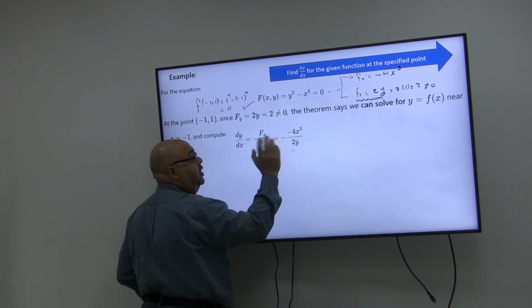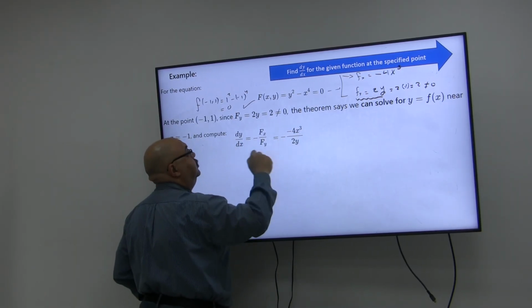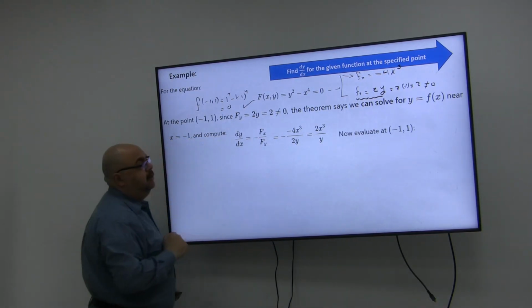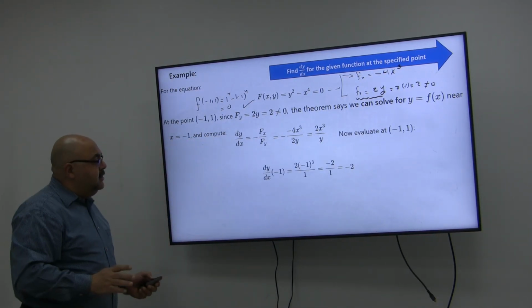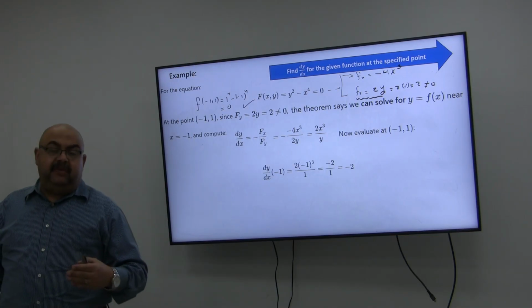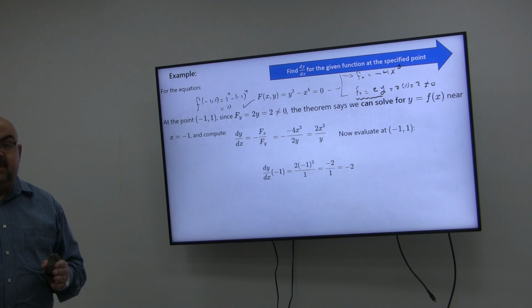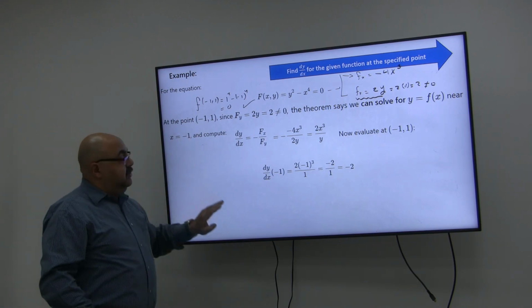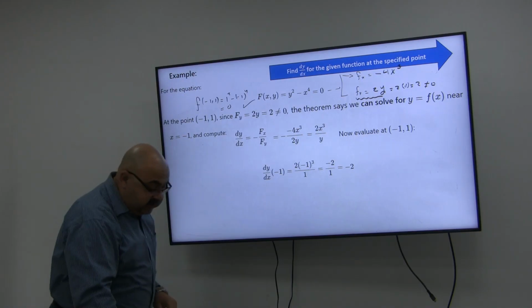That's the application. Then I will substitute the values at the point, which is -1 and +1, and hence I will have the value of the derivative dy by dx at the required point, which is -1 and +1, as you can see.